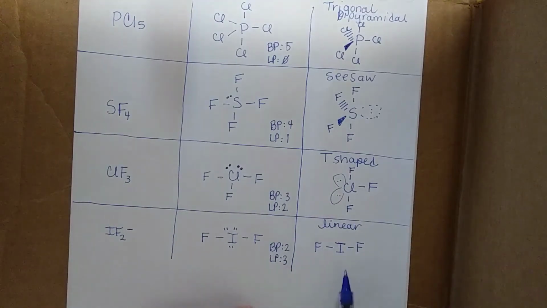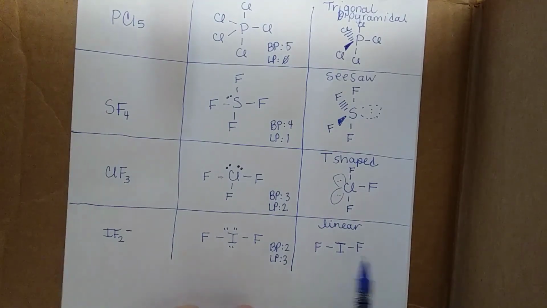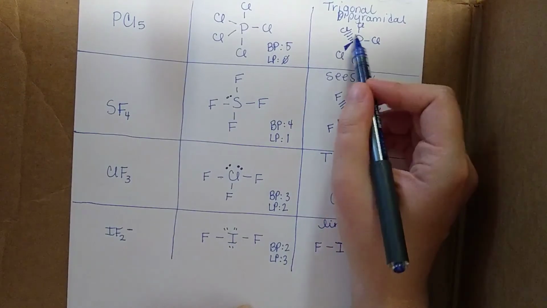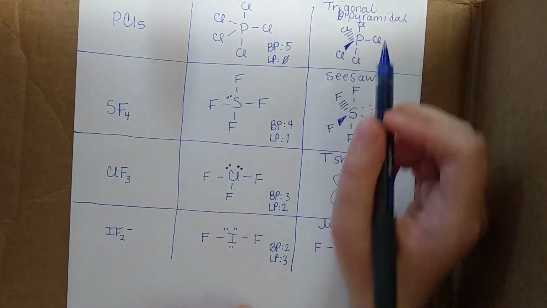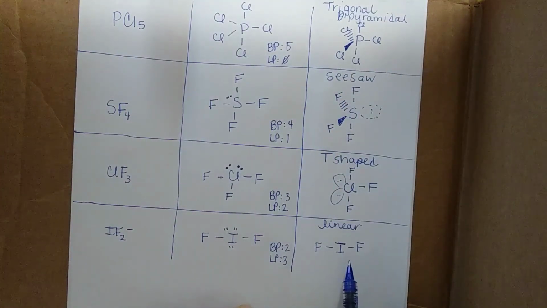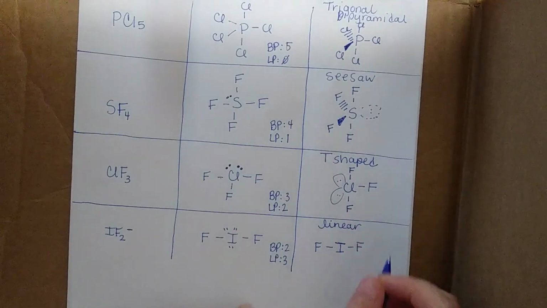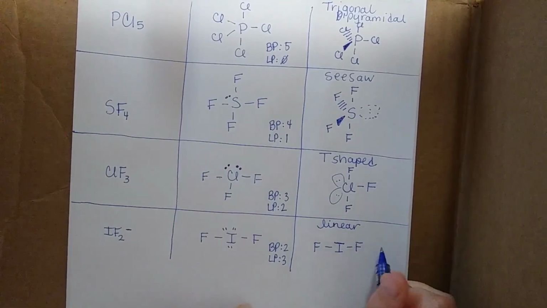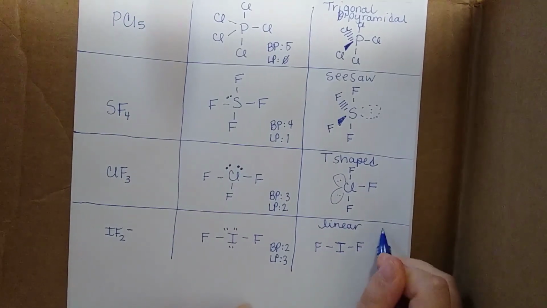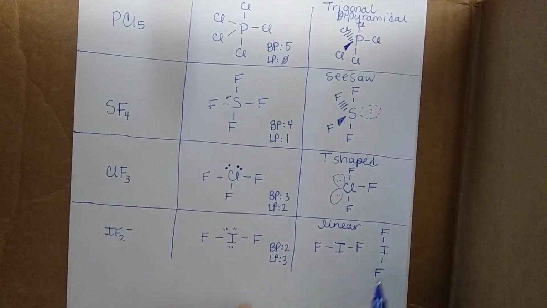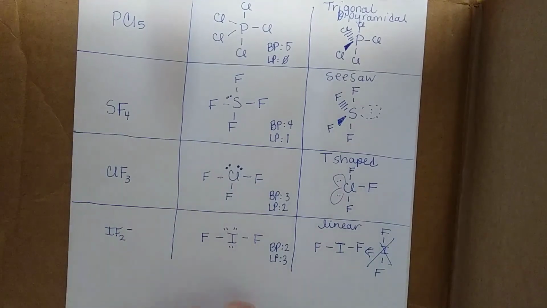And this is kind of a limiting case of this, so all of the equatorial positions were replaced here. And now we just have the 2 axial bonds, so you can think about this flipped the other way, just like the PCl5 up top. But conventionally we don't draw it that way, so what we're looking at is this.